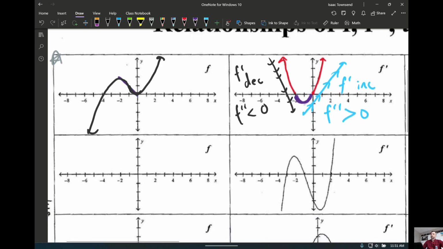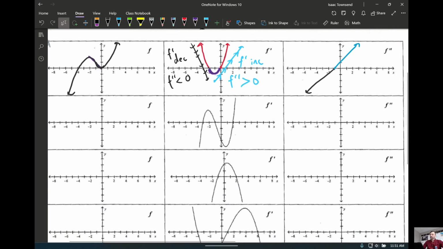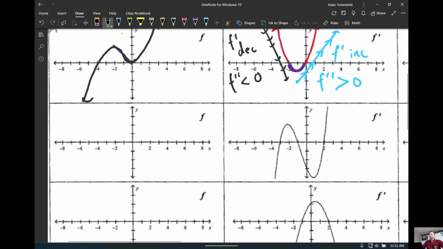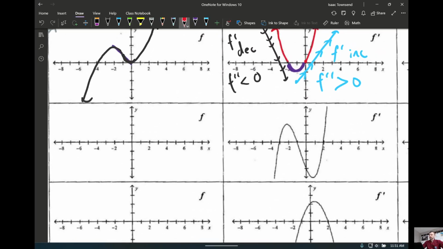Okay, let's do another one together, and then I'll have you do the third row as guided practice. So we can get some information about the function just thinking about where the first derivative is positive and negative. So again, notice I'm not saying anything different, just looking at different questions, same skill though.